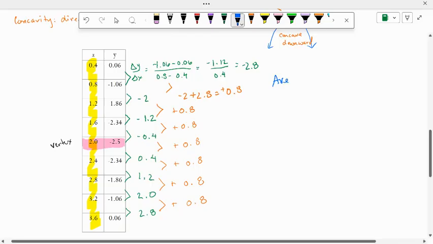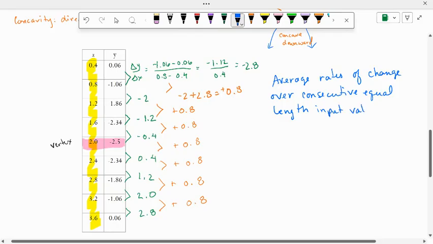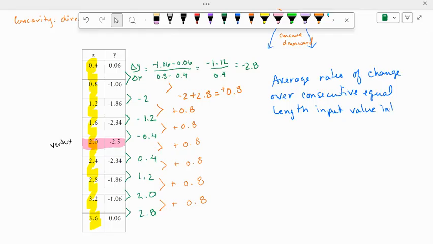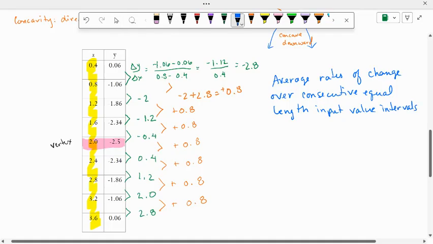So since my average rates of change over consecutive equal length input value intervals are a linear function, therefore y is a quadratic function.